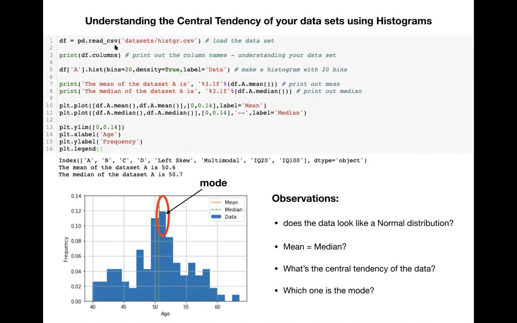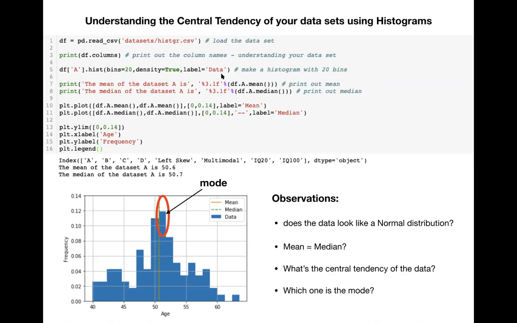So for example, if we have a data set, and if you still remember read_csv, that's my data file, and I print out the columns: A, B, C, D, left skew, multimodal, IQ 10, 20, IQ 100, and etc. Then I do the histogram of my data column A, df.A.hist. If you still remember that syntax, I'm generating a histogram using column A, setting 20 bins, and with density equals True, it's normalized to its occurrence frequency, and labeled as data.